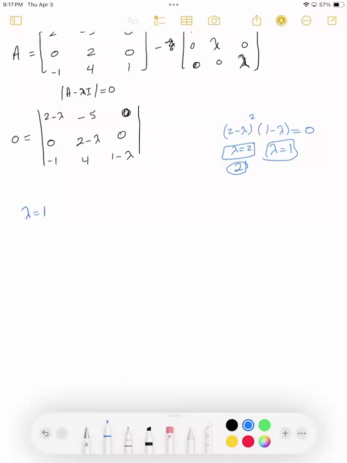If I put 1 here, I get 2 minus 1, negative 5, 0, 0, 2 minus 1, 0, negative 1, 4, 1 minus 1. So if I substitute 1 for lambda, 2 take away 1 is just 1. The same thing here, 2 take away 1 is 1. Here, 1 take away 1 is 0. So I get 0.